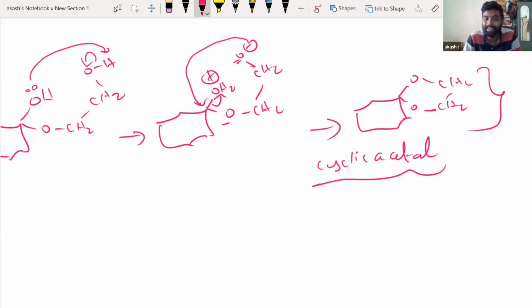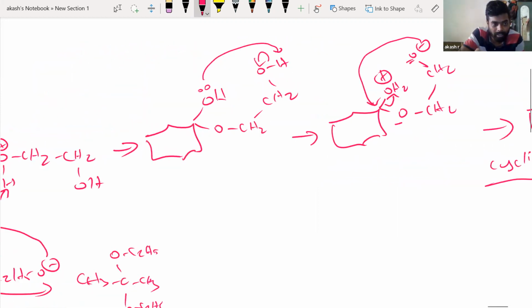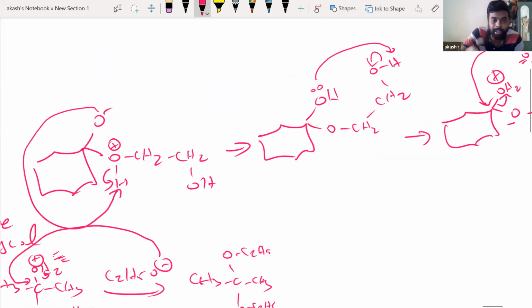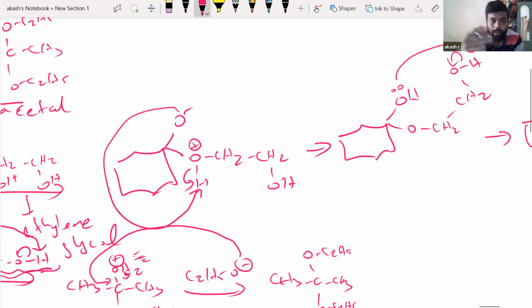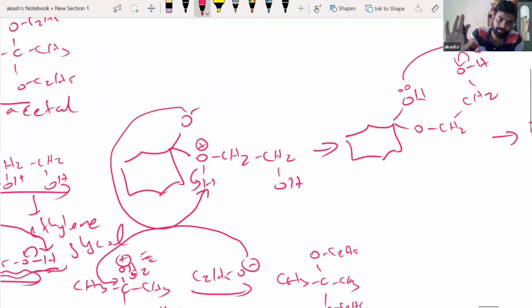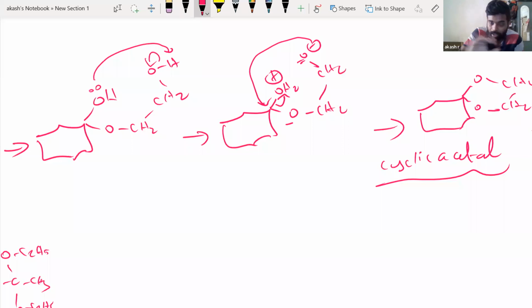Now it's very, very simple. It might look complex, but it is very easy. Whatever we did for the previous cases, we are doing it with the help of only one alcohol, but it is having two OH groups. That's it. So this is what is called a cyclic acetal.